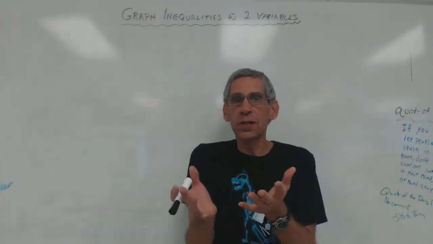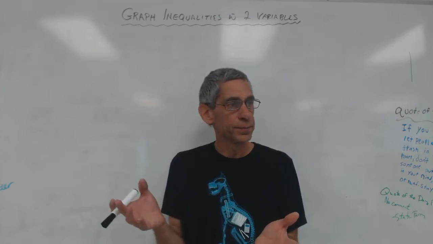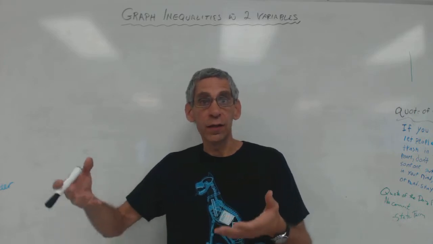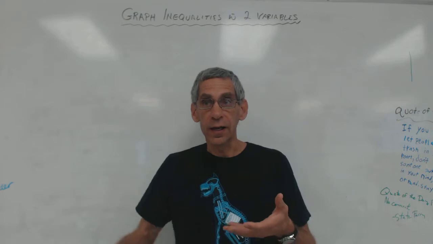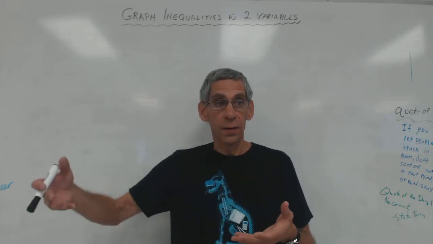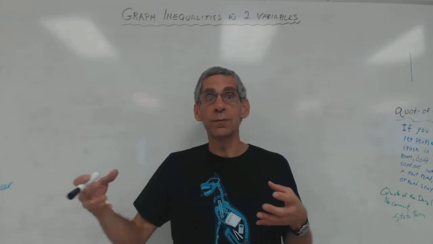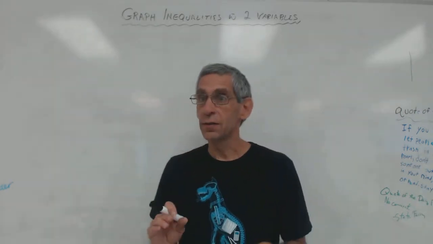So up to this point, we've been talking about inequalities. We learned how to solve an inequality, and we realized the only time we solve it differently than an equation is that if we multiply or divide both sides by a negative number, the inequality sign flips, right? So that was easy.